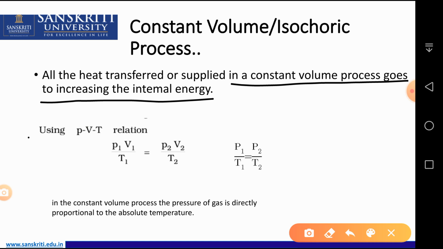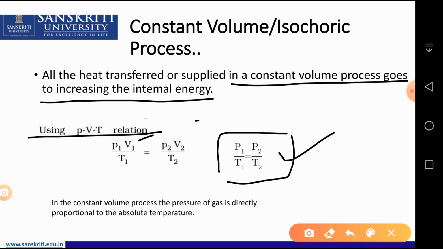For this pressure-temperature relation, V1 equals V2, so V1 and V2 are equal, and what remains is P1 by T1 equals P2 by T2.